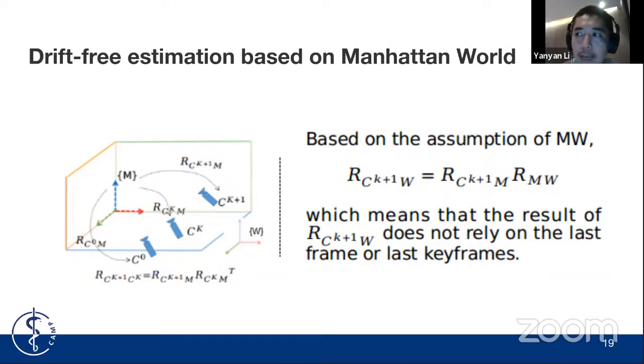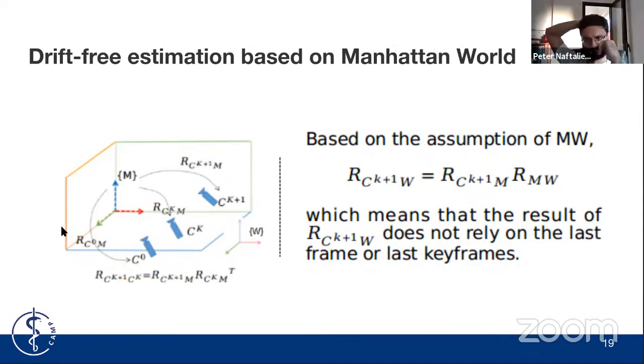Based on this kind of perpendicular information, maybe we can build this Manhattan world. Let's say this is a wall, this is a floor, and another wall. If you can find this type of structure, then you can call it a Manhattan world. Just like Manhattan Street in New York, right?